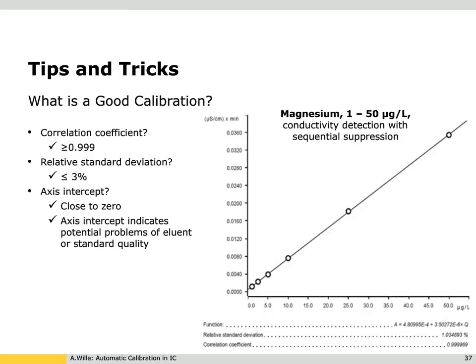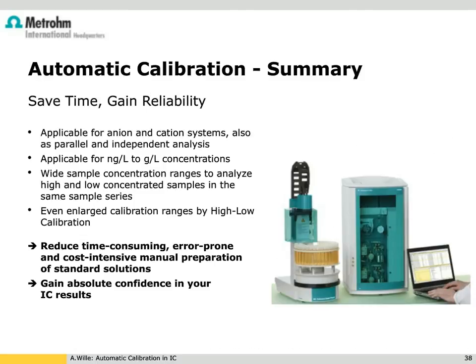So let me summarize. Automatic calibration is a technique that can save time and gain reliability. The technique can be used for anion and cation analysis in parallel in independent systems. Usually it is used between the nanogram per liter and gram per liter range, so you see the complete concentration range.